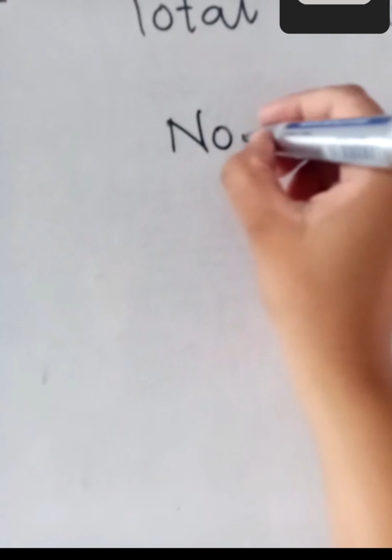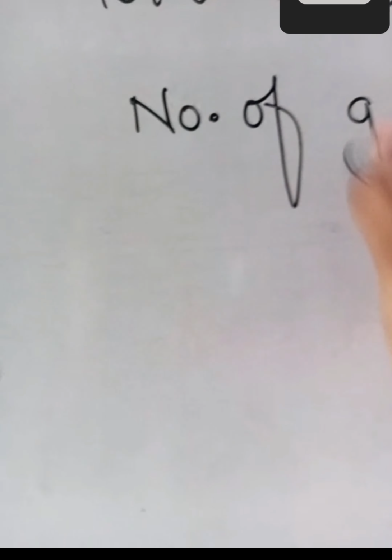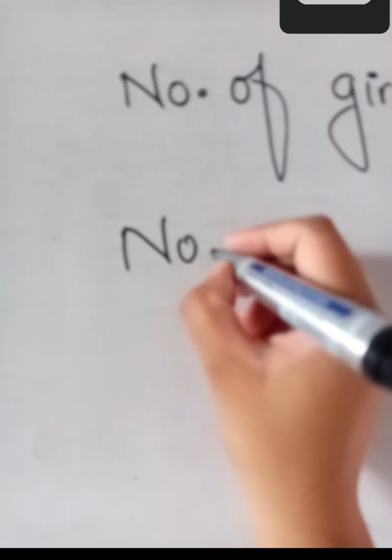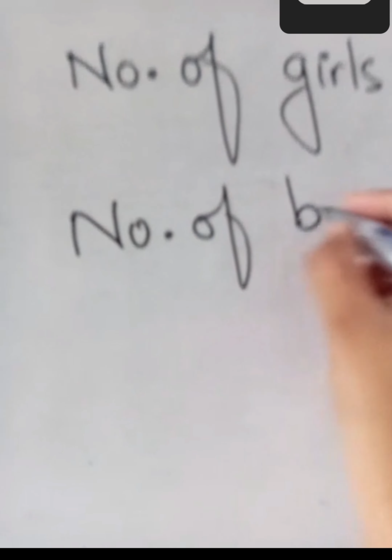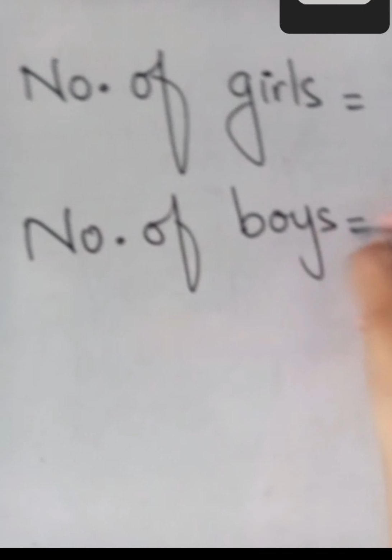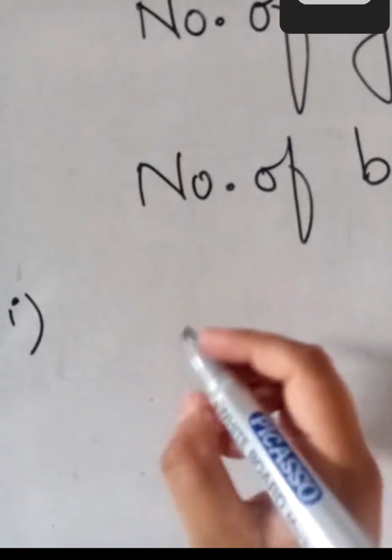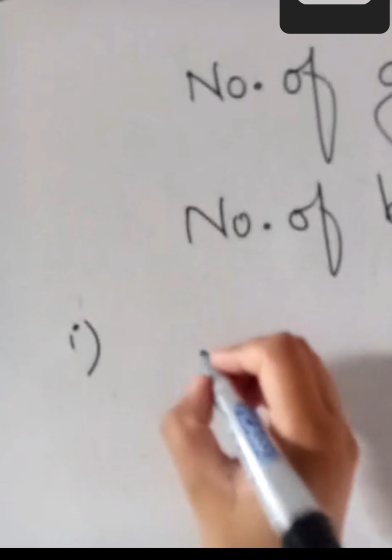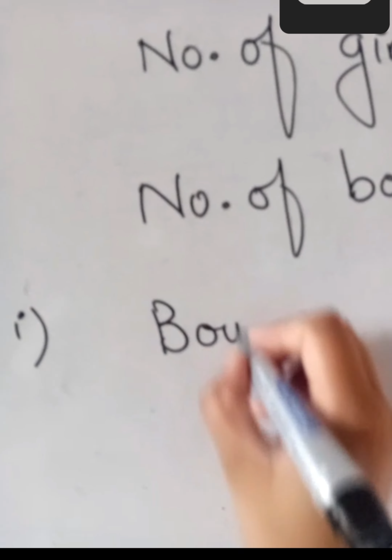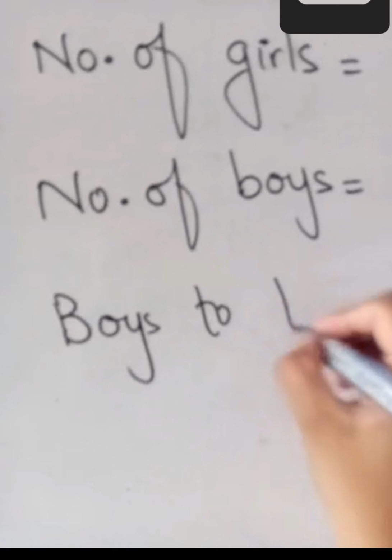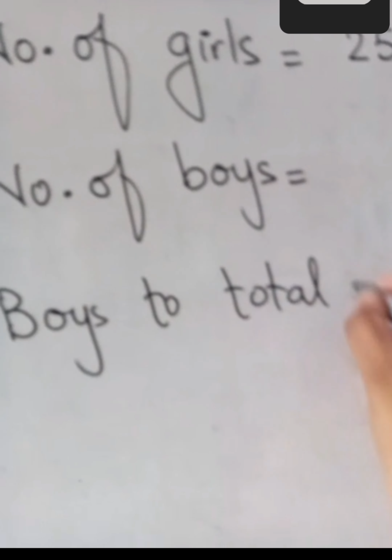Okay, number of girls, 25. What will be the number of boys then? Then we have to find the ratio of part 1, boys to total students.